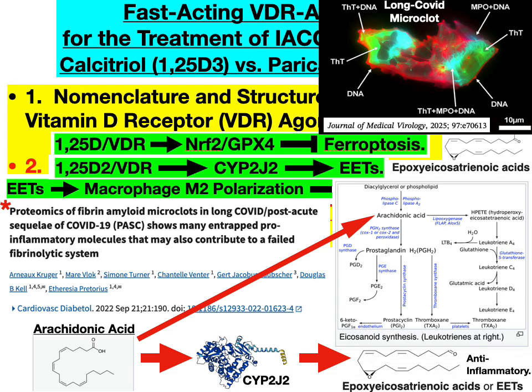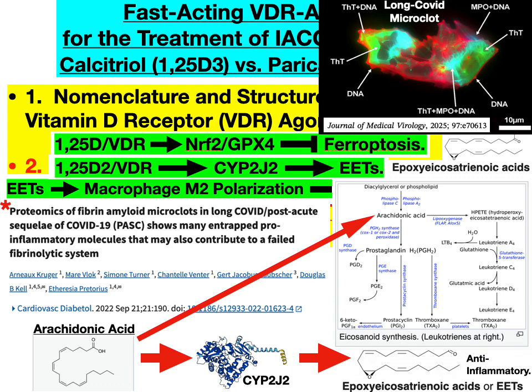Particularly the microclots, which lodge in microvasculature and create ischemic reperfusion injuries, very devastating physiological actions on many organs in the body. How can the upregulation of an epoxygenase, CYP2J2, impact the physiology of long COVID?